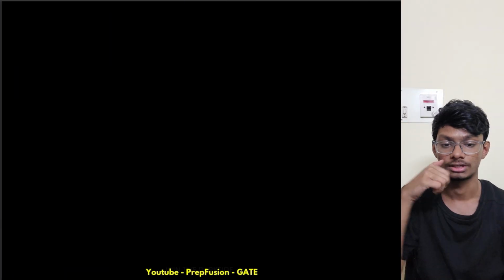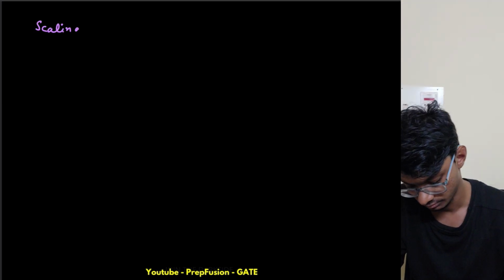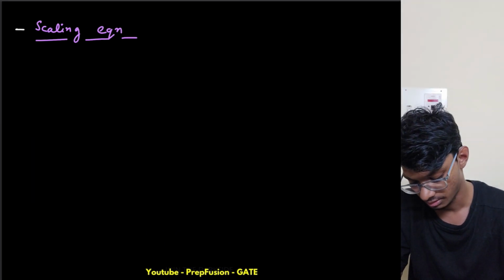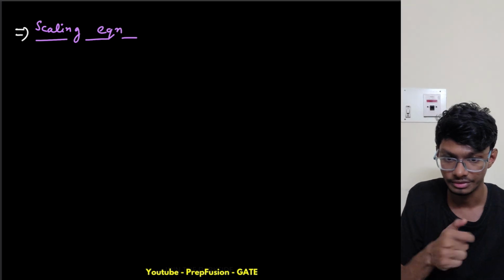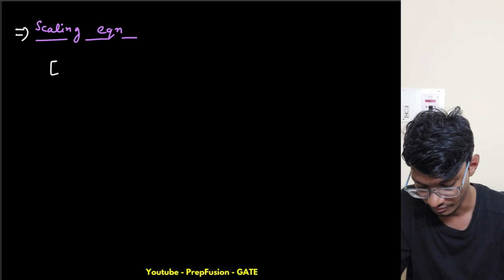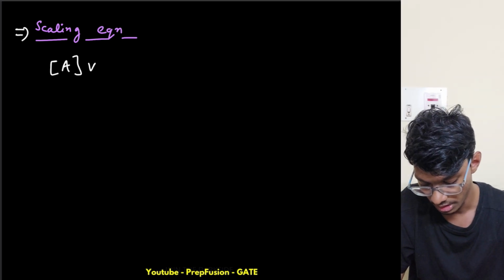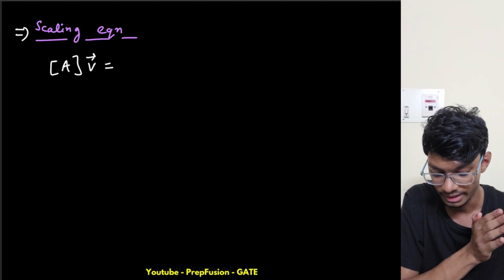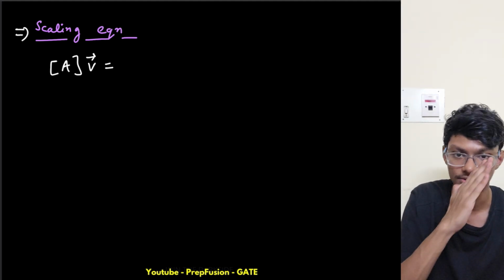Next one was very important: the scaling equation. What was my scaling equation? The scaling equation is basically the eigenvector relation. If I have a matrix A and I want to transform the eigenvector V, what I see is it's in the same dimension as the previous one.